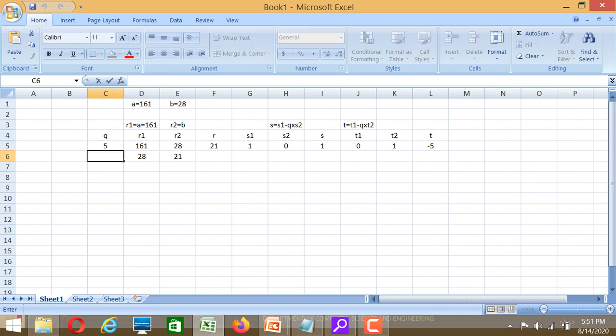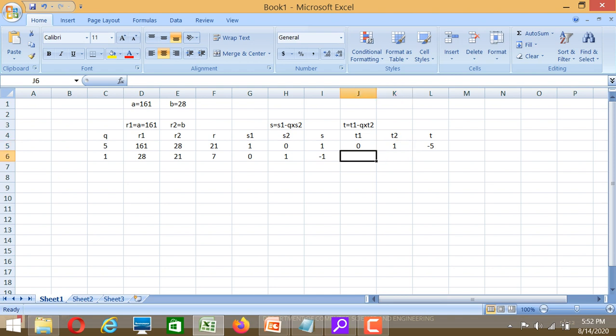The quotient Q value, when dividing 28 by 21, is 1. 1 times 21 is equal to 21. The remainder is 7. Now this S2 becomes S1, that means this is the 0. This S becomes the new S2, this is the 1. Now the new S equal to S1, that means 0 minus Q, 1, into S2, that is equal to minus 1.